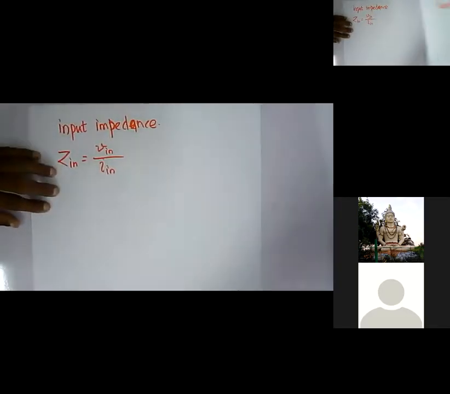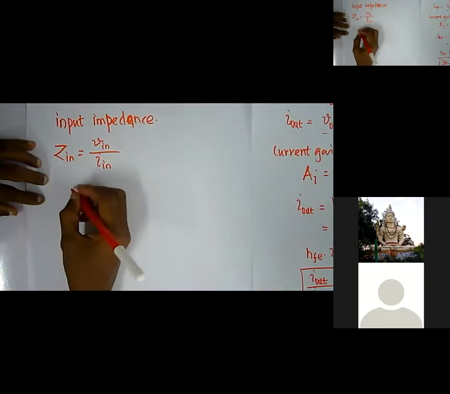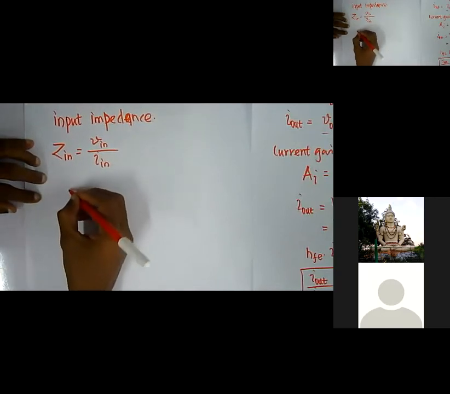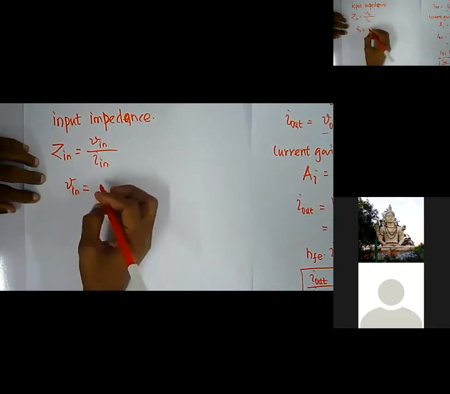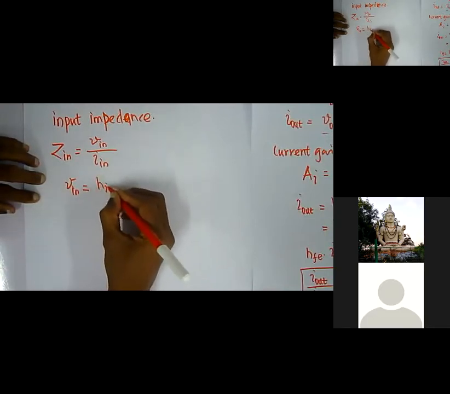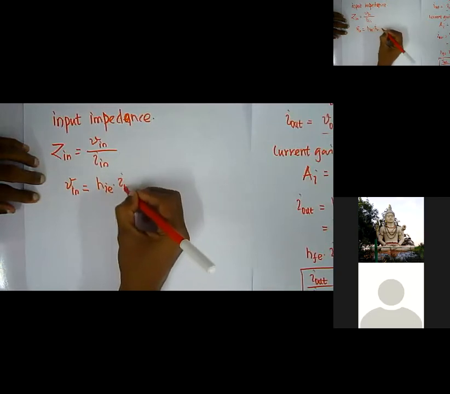So I'll rewrite this one. From the equations, you have obtained that your V in is equal to HIE into IB plus HRE into V out.